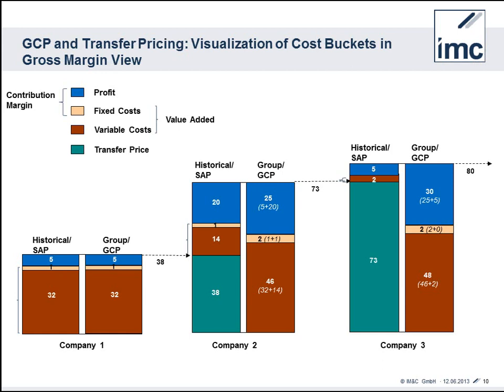If you look at the way the group results are shown, the group results are always shown as a combination of local and group. So you are always taking with you what happened. It's a sort of waterfall. You're always taking with you what happened in the previous transaction.